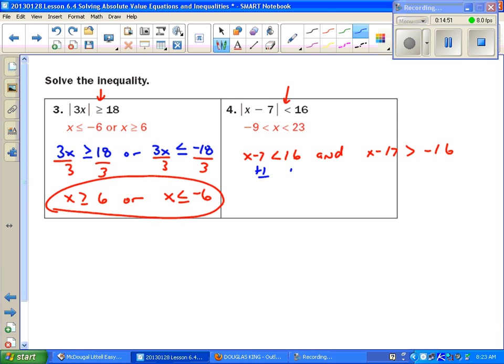Add 7 on both sides. x is less than 23. Add 7 on both sides, not 17. x is greater than negative 9. So written as an and inequality with the x in the middle.